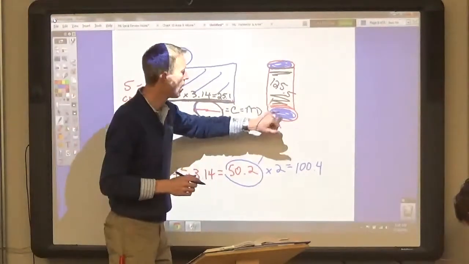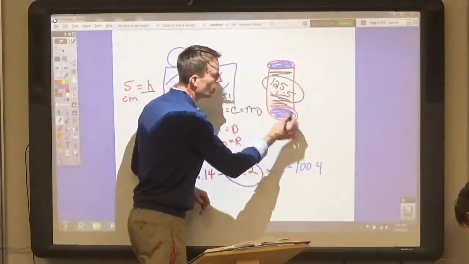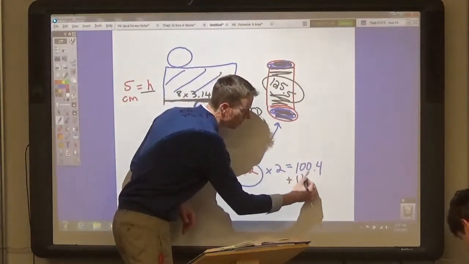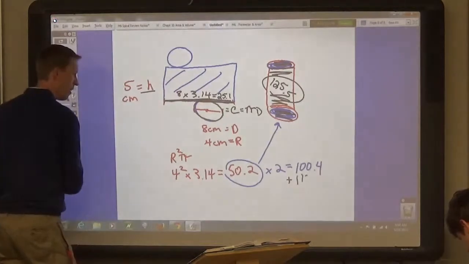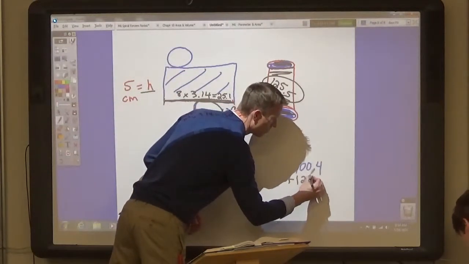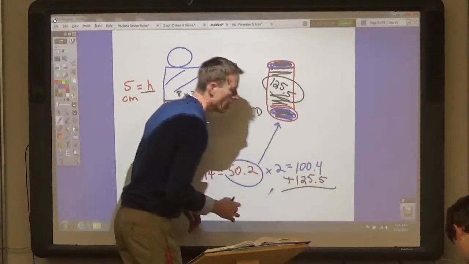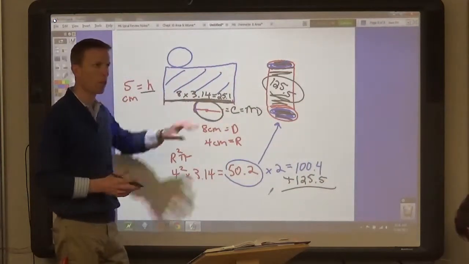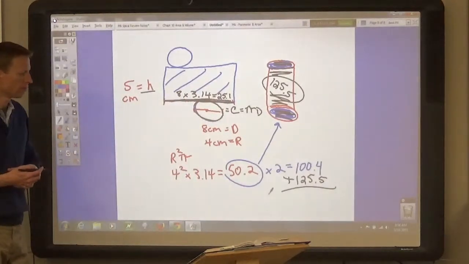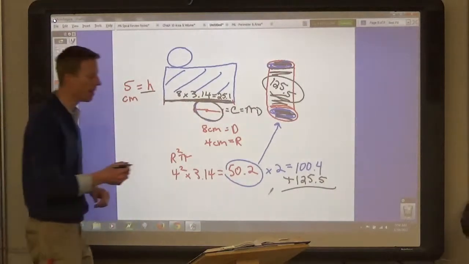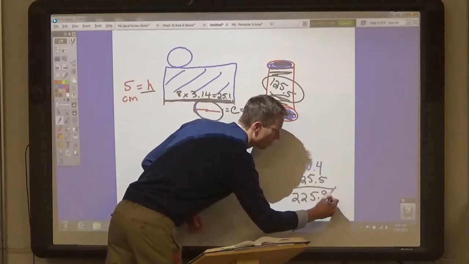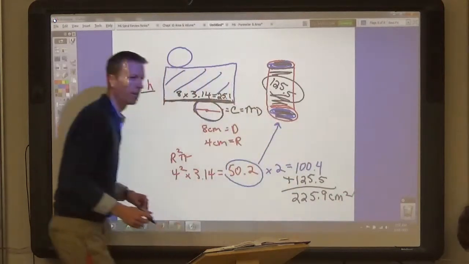So if we add this to the area of the top and the bottom, which we already found, plus 125.5, you get the surface area of the whole thing, right? Troy? I got 225.9. Good. 225.9 centimeters squared. Surface area of the can.